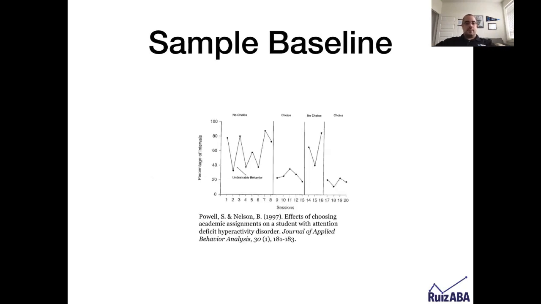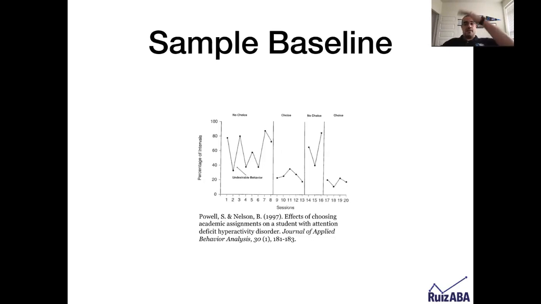So here is a sample baseline, and this is from Powell and Nelson, 97, out of the Journal of Applied Behavior Analysis. We talked about stable level trend and stability overall. You could tell here in the no choice or baseline condition, highlighted in the first phase, undesirable behavior, that it is not stable at all, right?